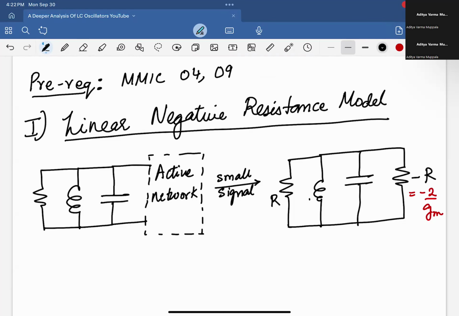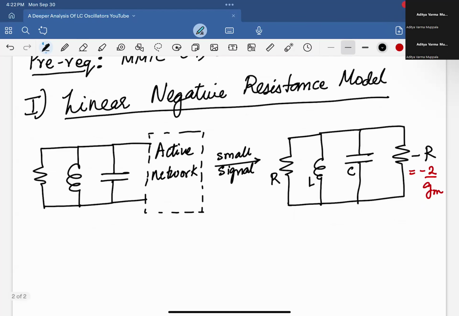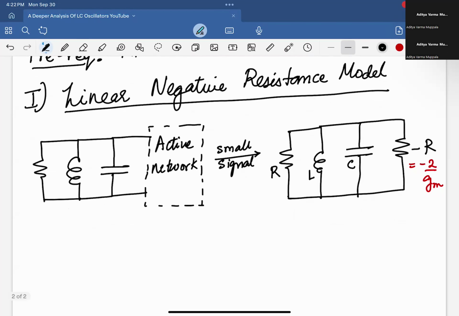So here you have R, L, and C again. And we said that, okay, this is good enough for the startup condition because in the beginning, the signals are small. But of course, this is not really valid for large signal analysis or steady state analysis of an oscillator, right? And in fact, I would actually say it has some issues, right?